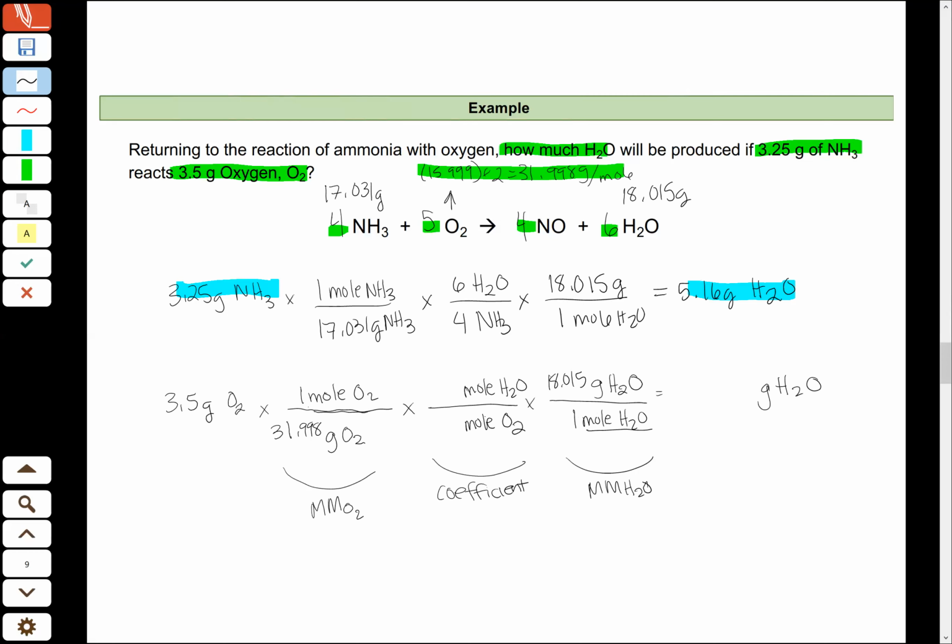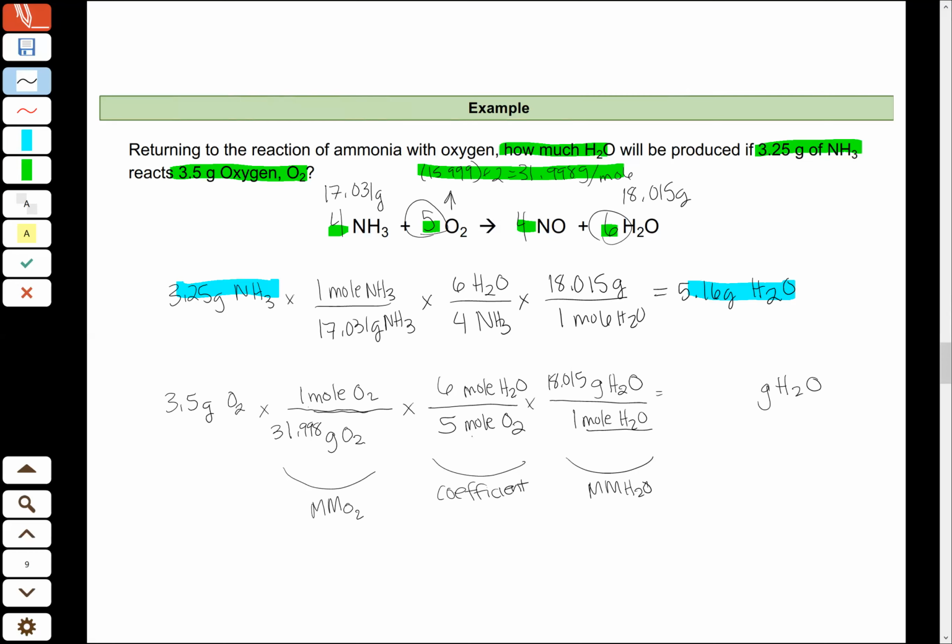So that way it'll cancel with the moles of oxygen on the top half of my fraction in my first conversion factor. Now that I have my units here, I'm just going to go find the coefficients. For moles of oxygen, I've got a coefficient of 5, so that 5 goes in front of the O2. And for water, I have a coefficient of 6, so that goes in front of the moles of H2O. I've got this set up.